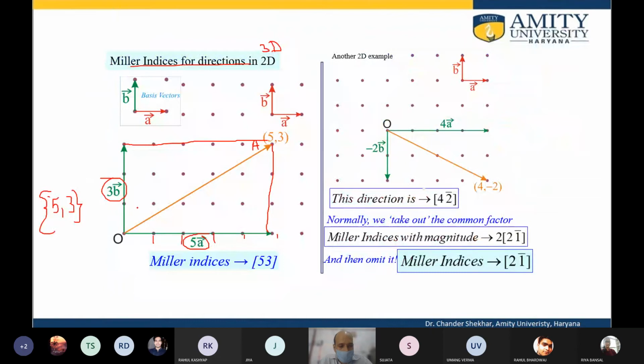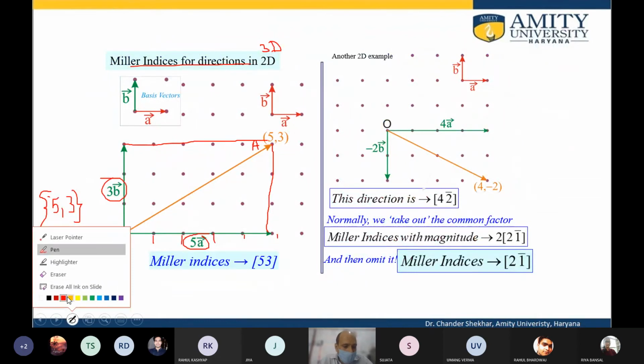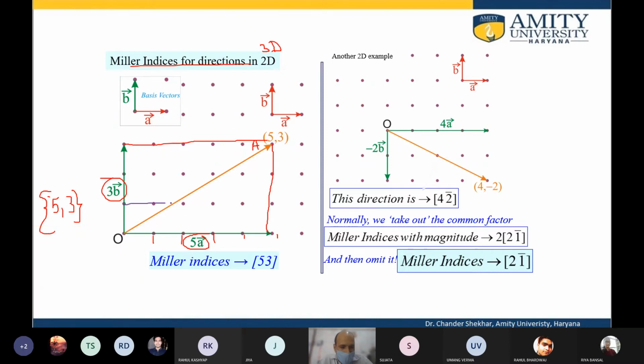Suppose there is a lattice and we want to find the Miller indices for this direction. In 2 dimensions, along the y-axis it has the intercept b, that means 1 times b, so 1, and along the x-axis it doesn't intersect, it is parallel to the x-axis.